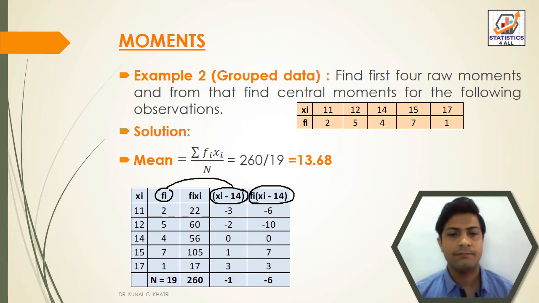So 2 multiplied by minus 3 is equal to minus 6, 5 into minus 2 is equal to minus 10, 4 into 0 is equal to 0, 7 into 1 is equal to 7, then 1 into 3 is equal to 3. Now we'll take the sum of Fi into Xi minus 14, we get the value minus 6.